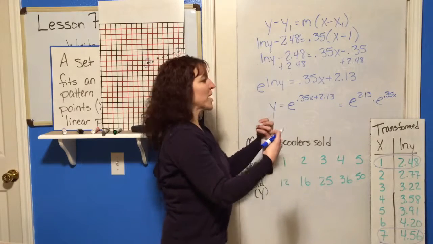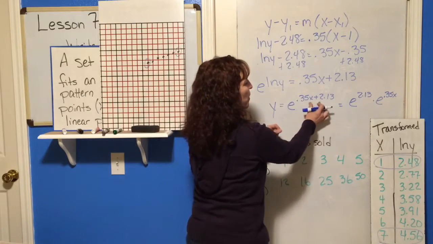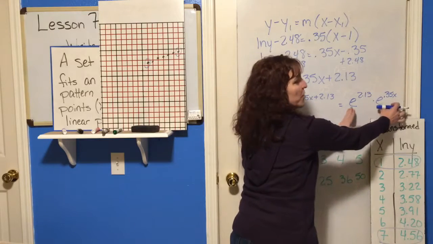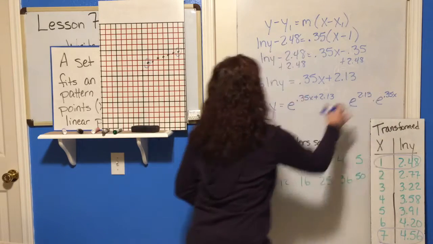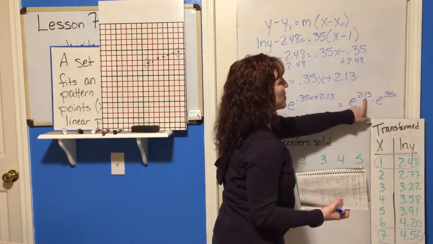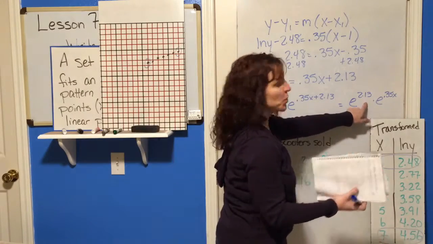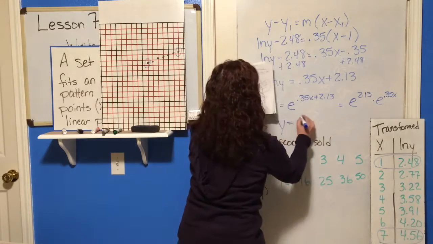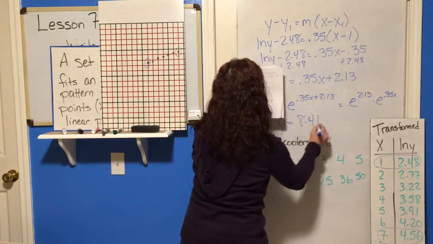Okay, so I just expanded that just a little bit. Remember, if we're adding these exponents, that means we multiplied the bases. Now if you put that into your calculator, e to the 2.13, remember, is an actual number. It's a constant. So that number is 8.41.